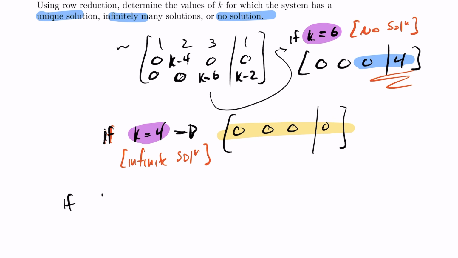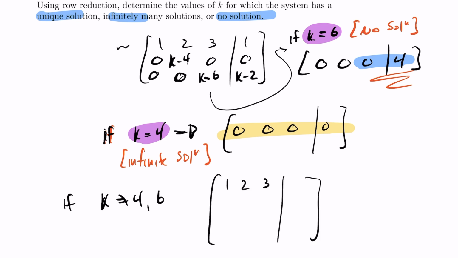So then it stands to reason, if k is not equal to 4 or 6, what do we have? So if k is not 4 or 6, and we go to look at our matrix here, you're going to get 1, 2, 3, 1, 0. If k is not 4 or 6, this is a non-zero number. And if k is not equal to 4 or 6, particularly not equal to 6, this is going to be two non-zero numbers.